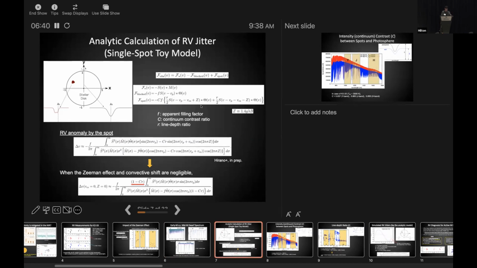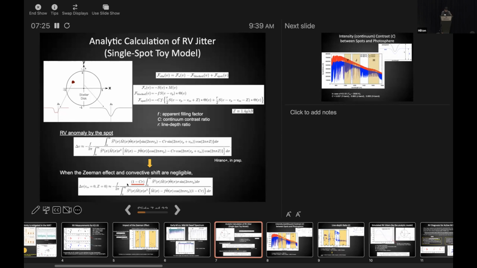Unfortunately, I don't have time to explain all the details, but basically we model the distorted line profile due to the presence of a spot, and derive the RV anomaly by calculating the velocity anomaly. Here's the result. Unfortunately, this is a kind of dirty equation, but if we can neglect the impact of the Zeeman effect and the convective blueshift, the RV jitter equation becomes something like this.